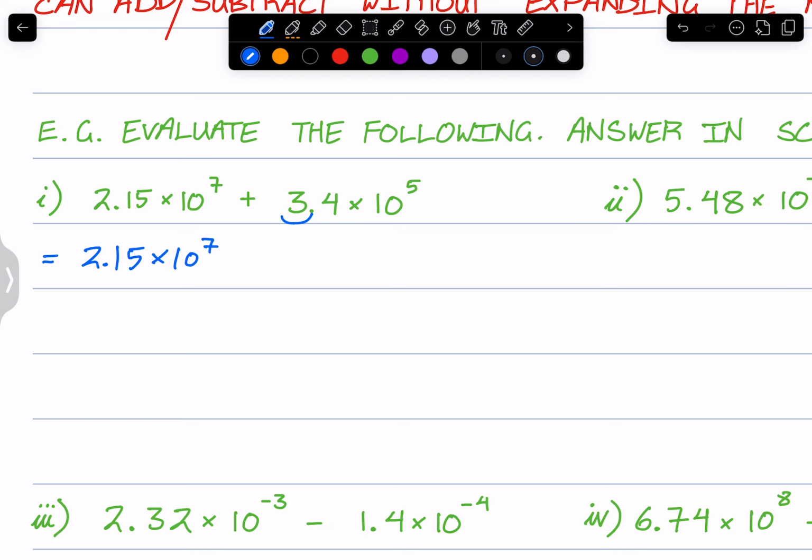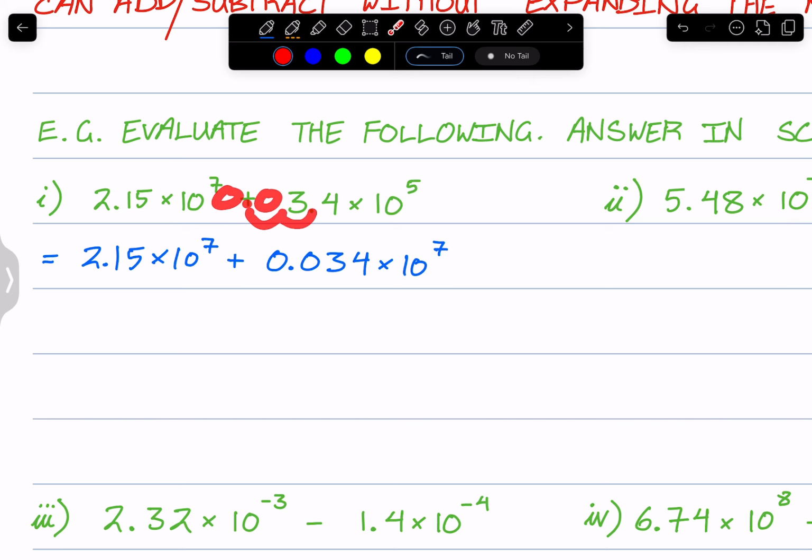So 1, 2, and it becomes 0.034. Okay, so this will become plus 0.034 times 10 to the power of 7. So 2 spaces, 1, 2.